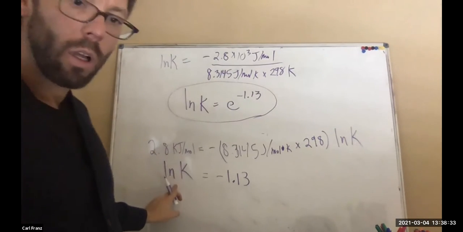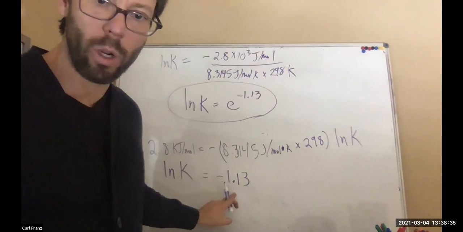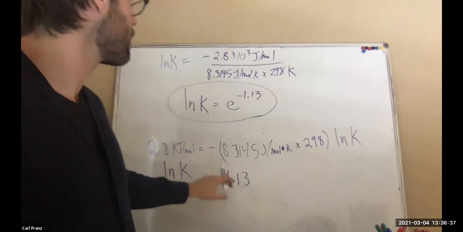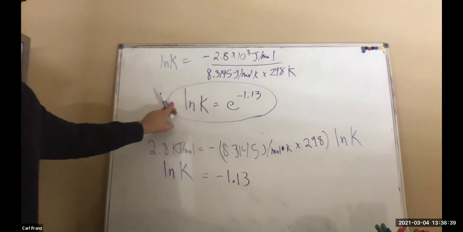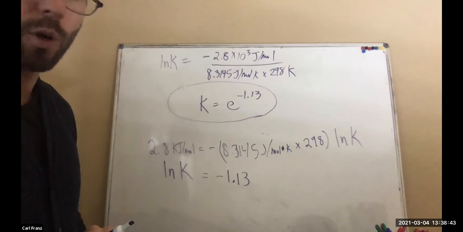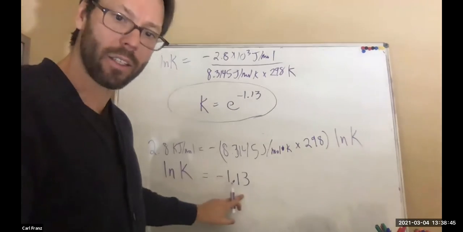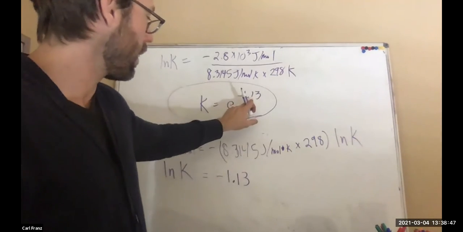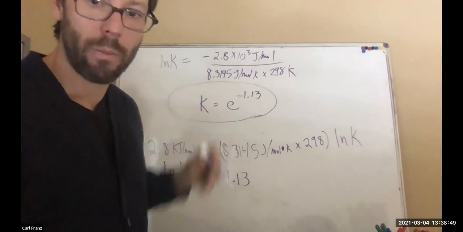If natural log of K equals negative 1.13, then essentially K is going to take this value and raise e to the power of that.